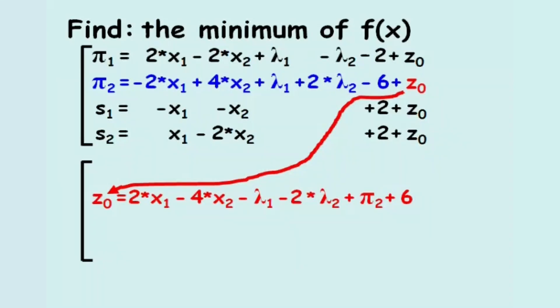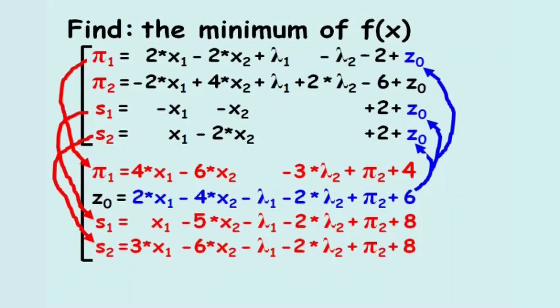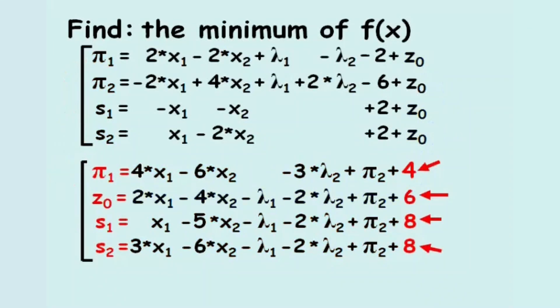After that, we'll plug in this value of z0 for the other 3 rows and update our equations for the basic variables pi1, s1, and s2. At this point, all basic variables are non-negative. However, we need to remove the artificial variable z0 from the basis to have an optimal feasible solution.